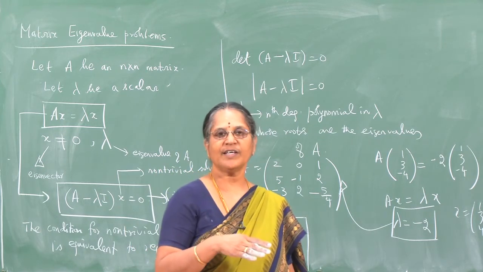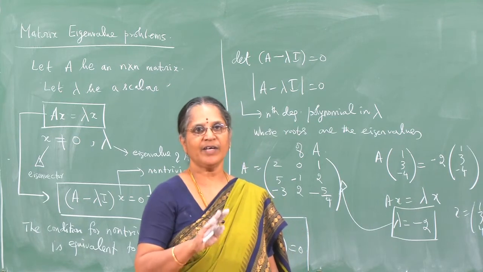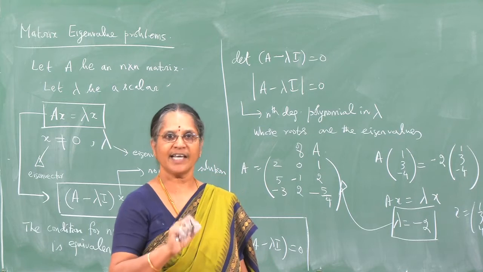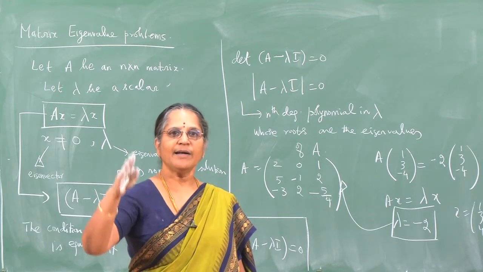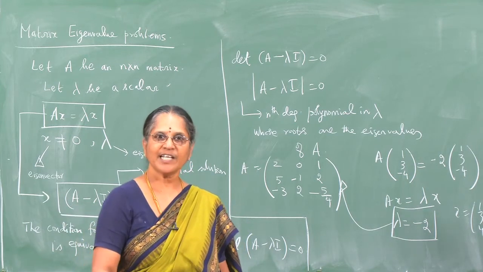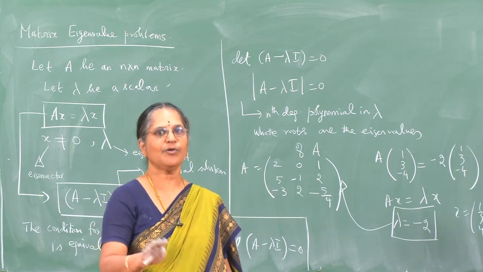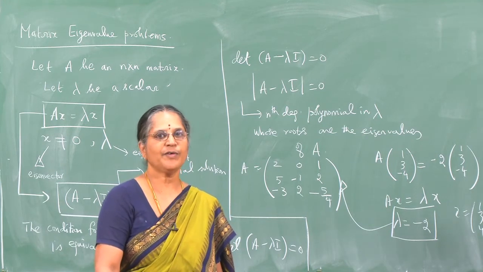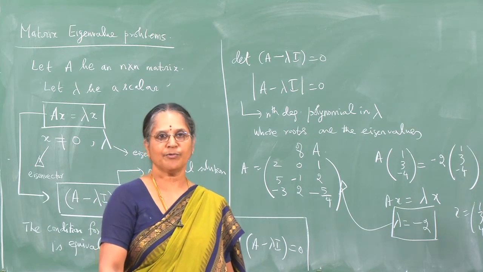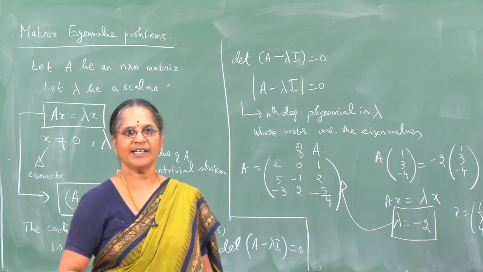In this course, we focus only on the method where we are able to compute numerically the most dominant eigenvalue. The other methods for special classes of matrices are beyond the scope of this course, and so we focus only on the power method, which helps us to compute the most dominant eigenvalue. So, we describe the power method now.